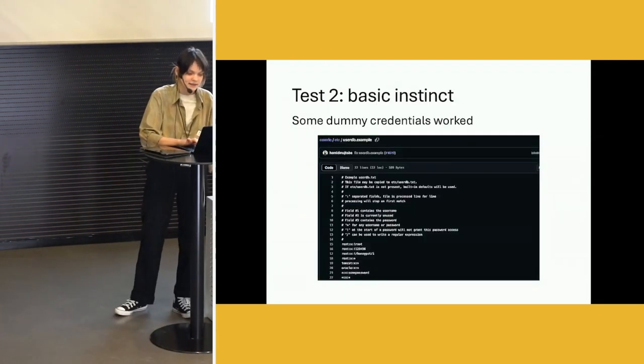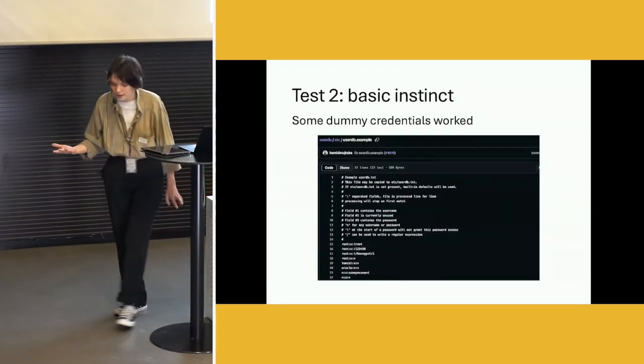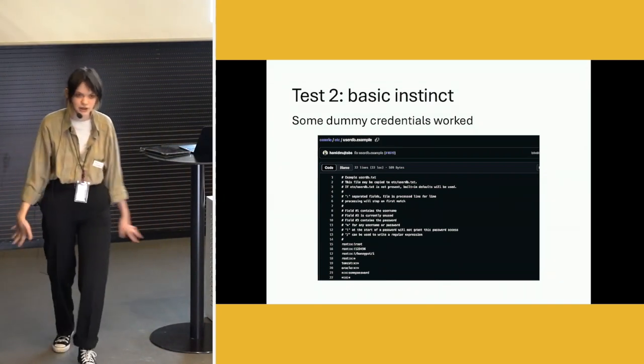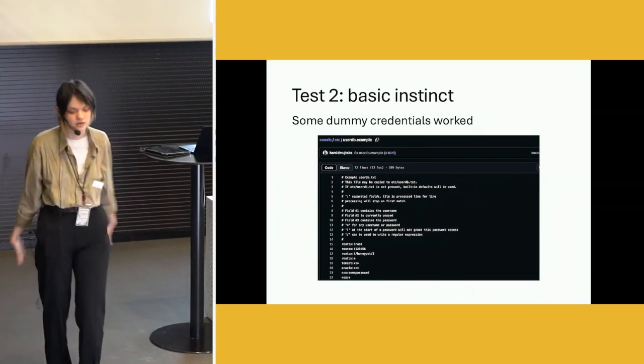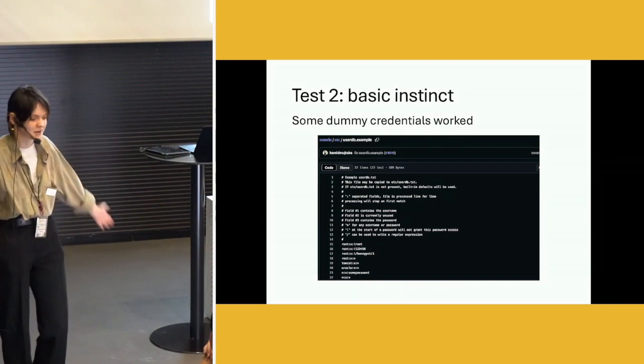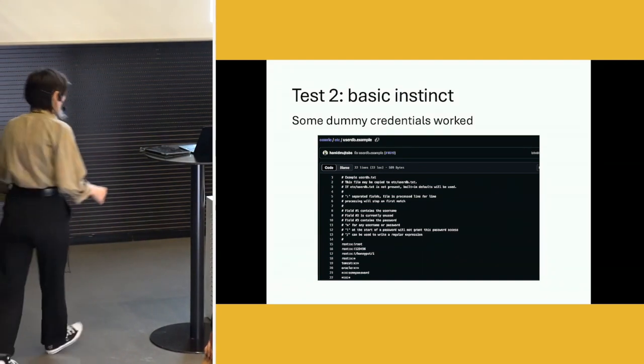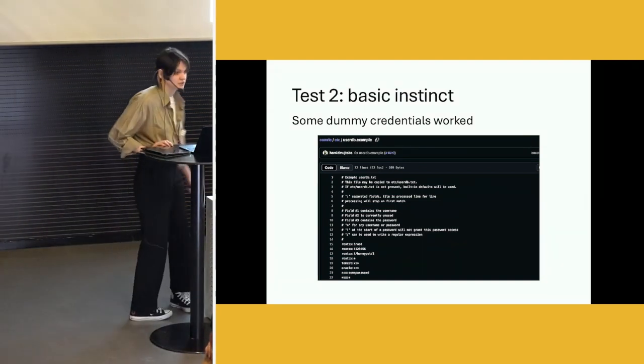Our next test while we are here: I tried my best to avoid exploitation, to avoid getting onto hosts and so on. But while we are here, why not? So I tried some dummy credentials.